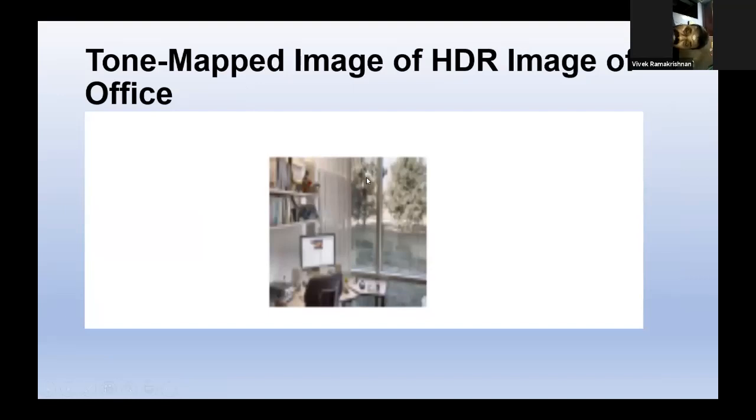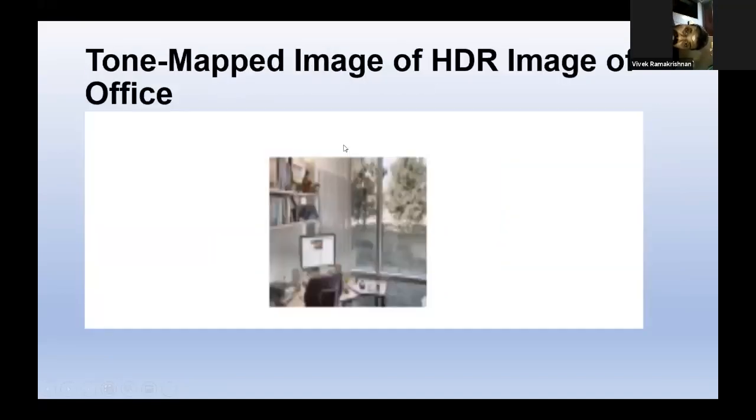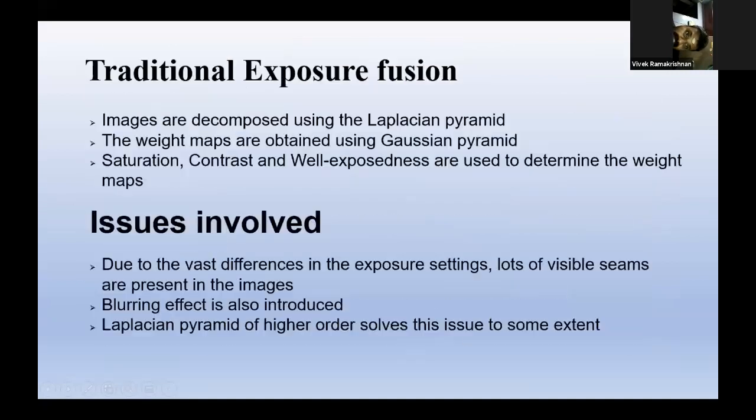A lot of filters and techniques map the tone from an HDR format to a normal format or a normal JPEG, which could be visible on normal print media or a normal display device, or else it is not possible to display. So this is about HDR imaging.